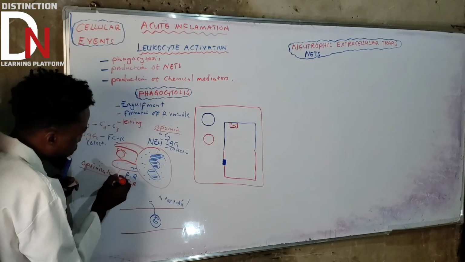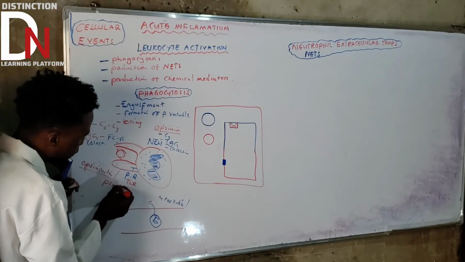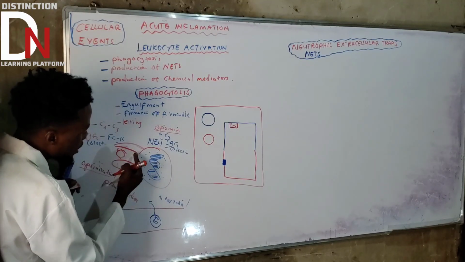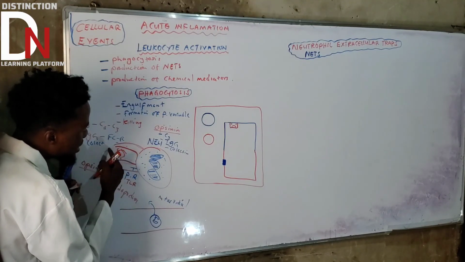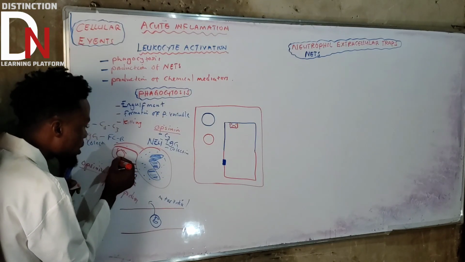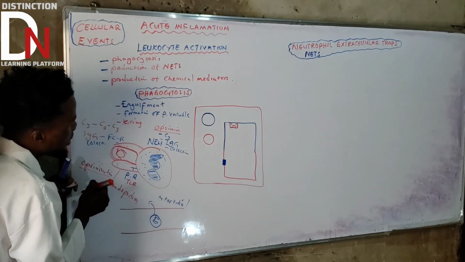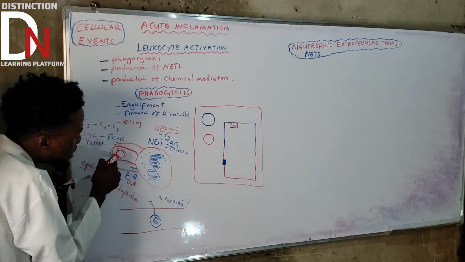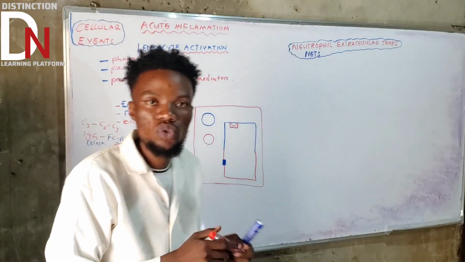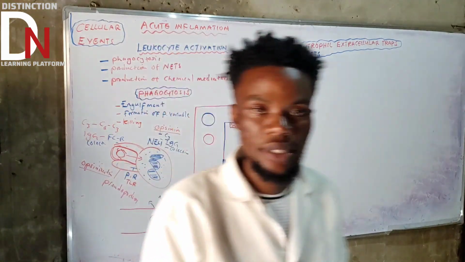These pseudopodia are just extensions of the cytoplasm so that it can surround this bacteria. If it surrounds it completely, now it will enter into the cytoplasm. That is what we call the engulfment process.